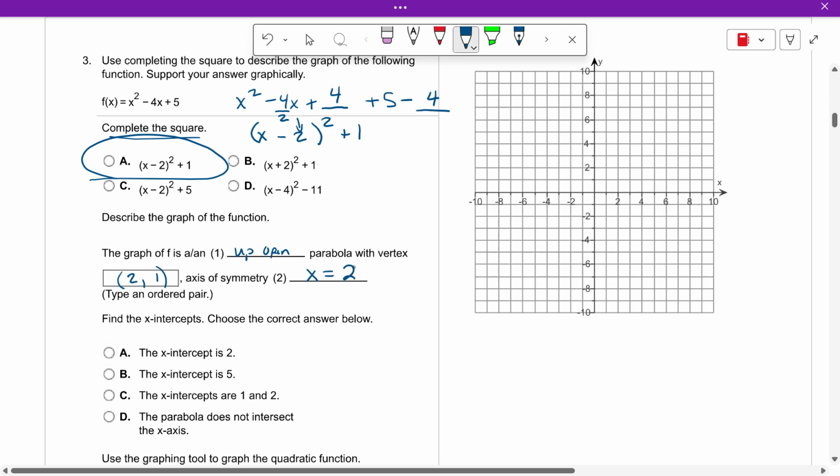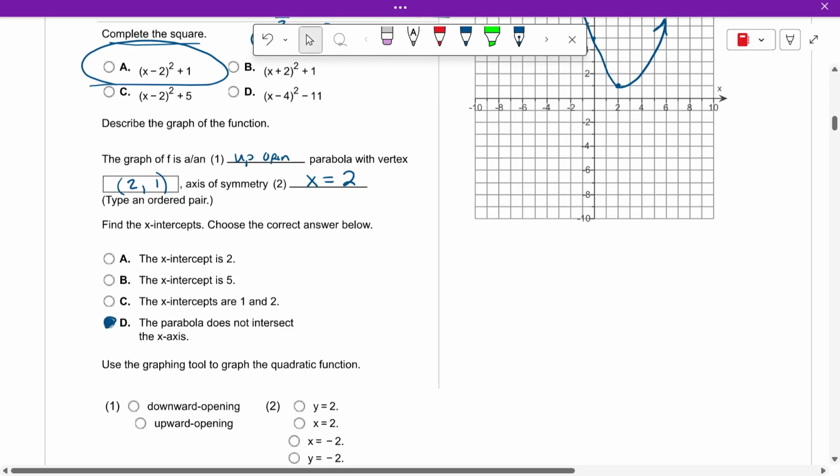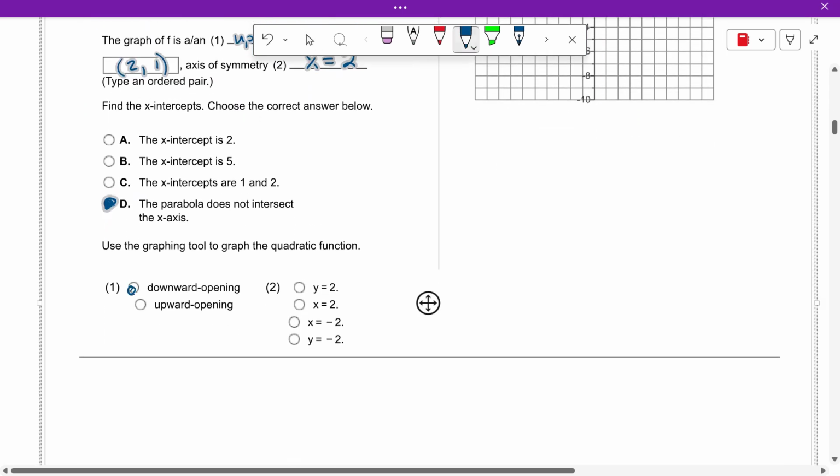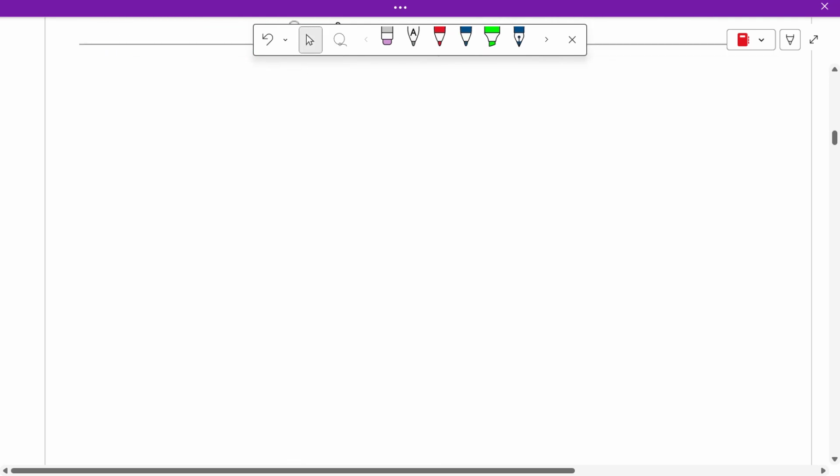The intercepts, well, if it's at 2, 1, and it opens up, its y-intercept is up here at 5. If it opens up, is it going to have any x-intercepts? The answer is no. It does not have any x-intercepts because it starts above the x-axis and it opens up. Okay, so it's upward opening, and the axis of symmetry is x equals 2.